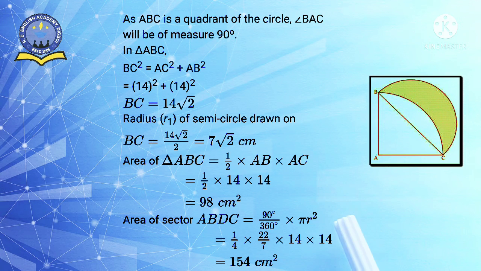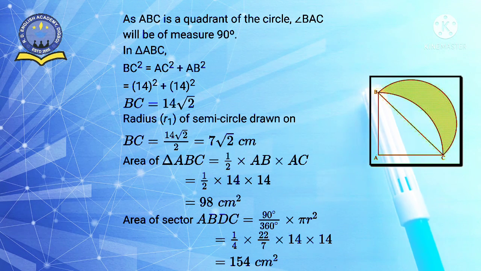Now, this ABC is a right angle triangle, so easily we can apply the Pythagoras theorem. Pythagoras theorem is BC square equals AC square plus AB square. AC is already given as 14, so we write 14 square, as well as AB equals 14 square. If we calculate this, BC equals 14 root 2.